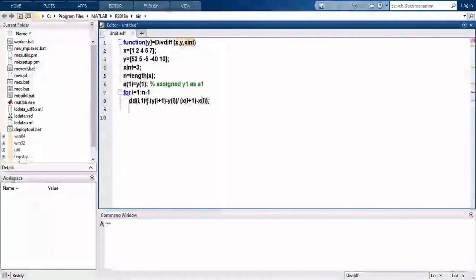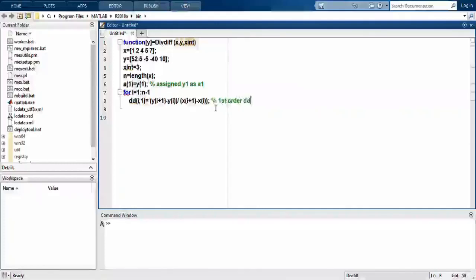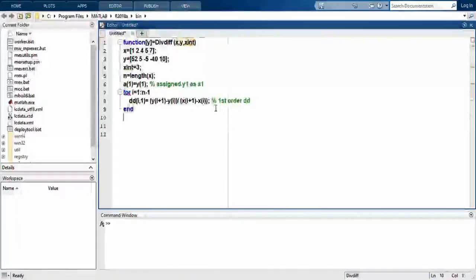That calculates the first order divided differences. Now end this loop.